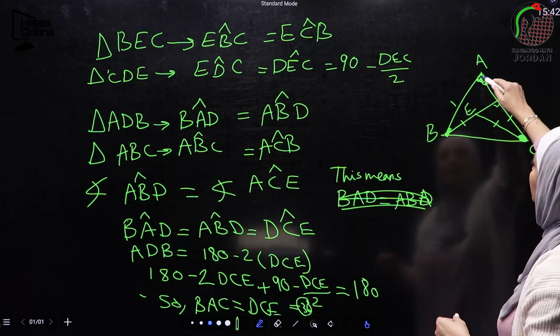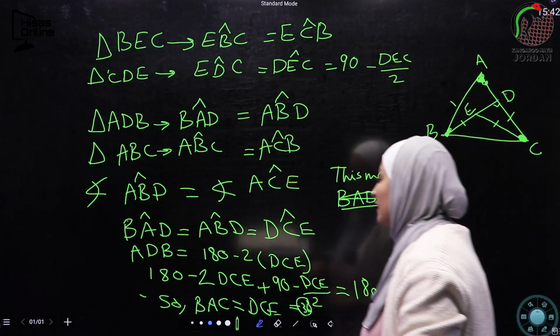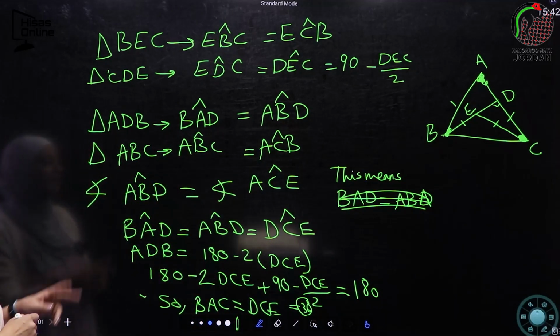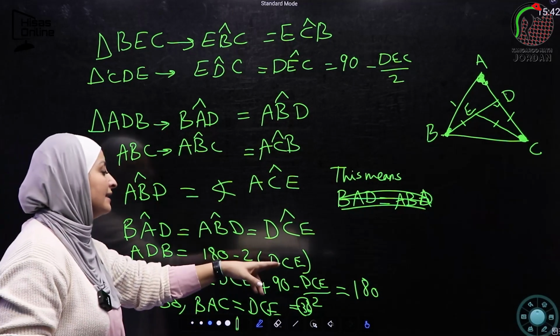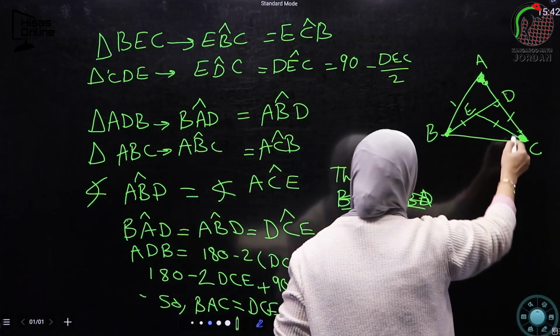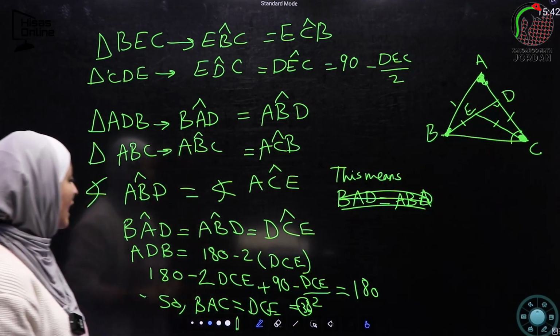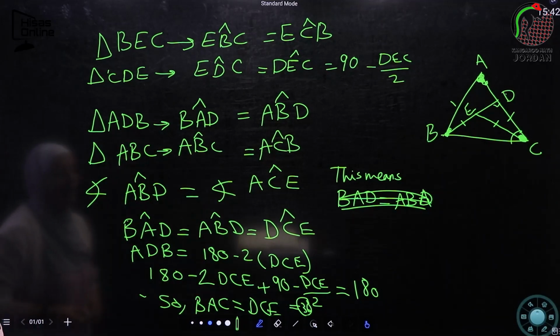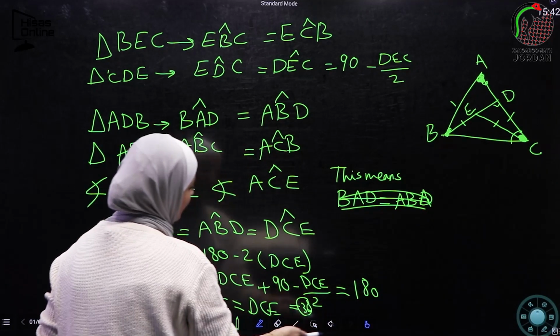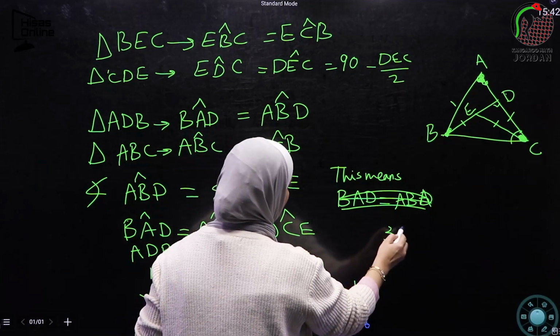So we shared these equal angles, and finally we subtract 120 minus double of the DCE because it is doubled to get the full. Okay, and we finally can have that BAC is equal to DCE divided by 2 to find finally it's 36.